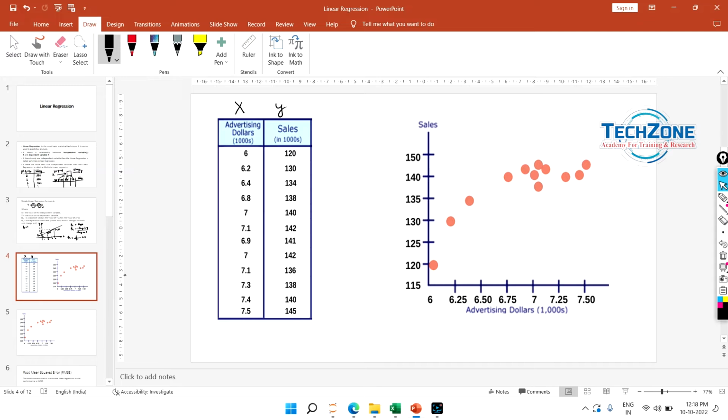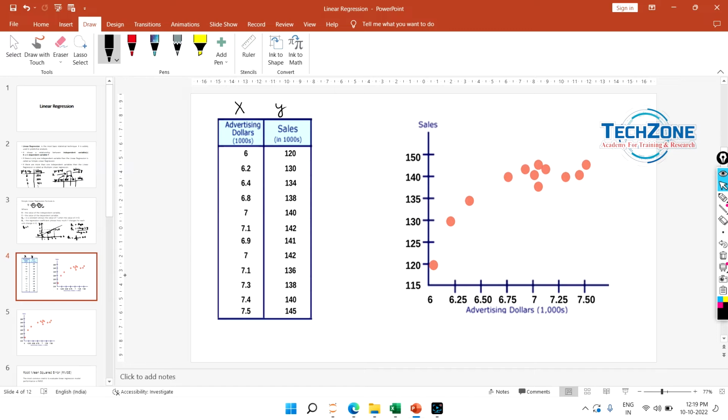Based on that, our model will predict the values of y. Before that, we'll draw a scatter plot between the values of x and y, and we'll get a graph like this. When we spend $6,000, the sale is 120,000, and if you are spending 6.2, it is around 130.